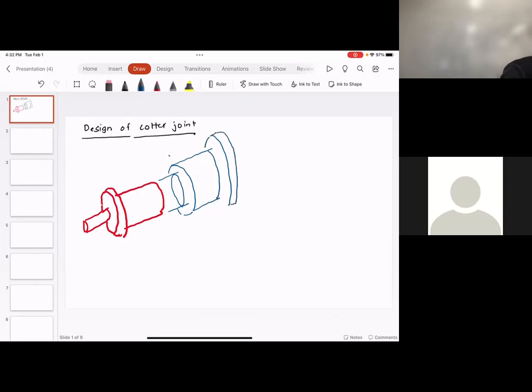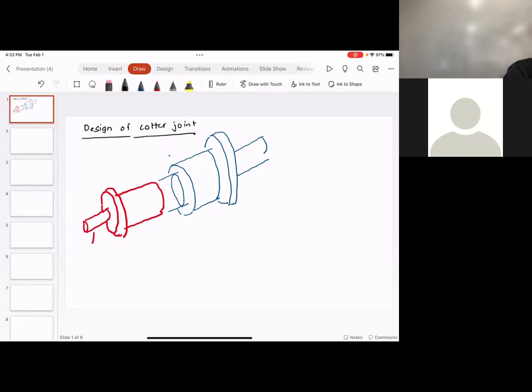So, if you look at the quarter joint, this is how the quarter joint looks. So this is the rod. This is the same rod. What you have is something called the spigot end, and you have the socket end.